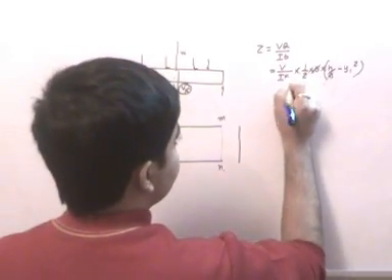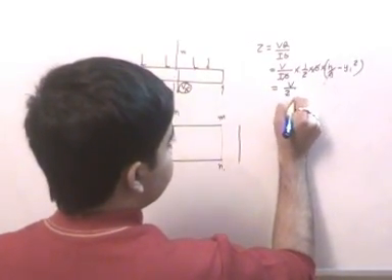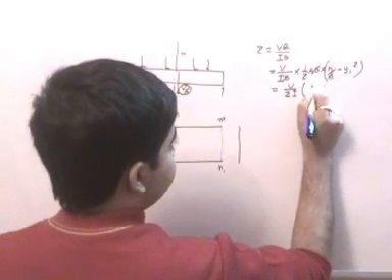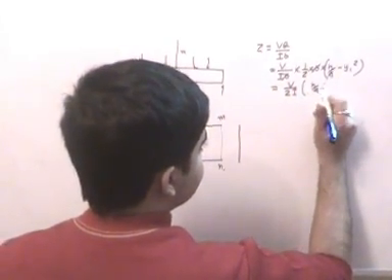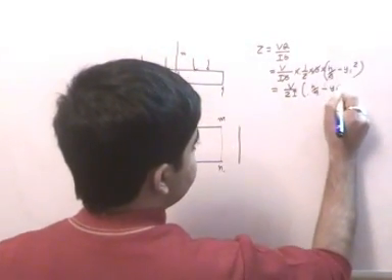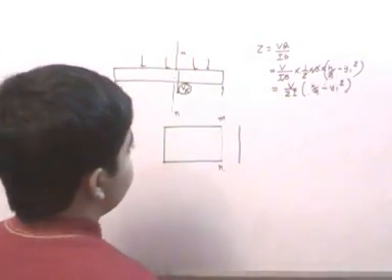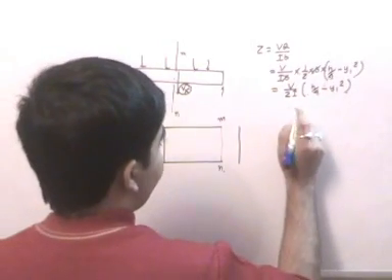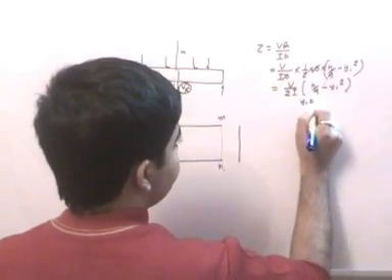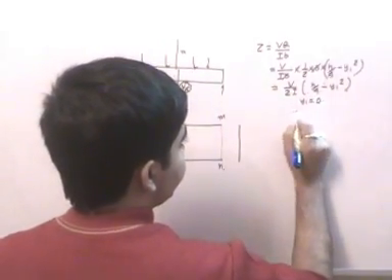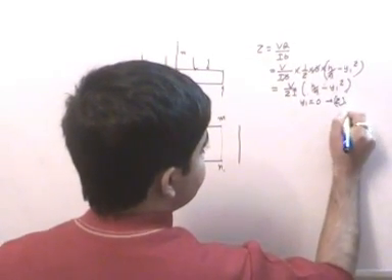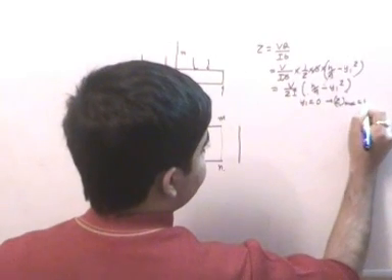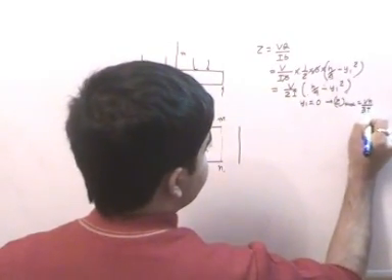So b and b cancel out, and we get V by 2I into h by 4 minus y1 squared. So essentially, when y1 is equal to 0, you have tau equal to tau max, wherein it will be equal to Vh by 8I.